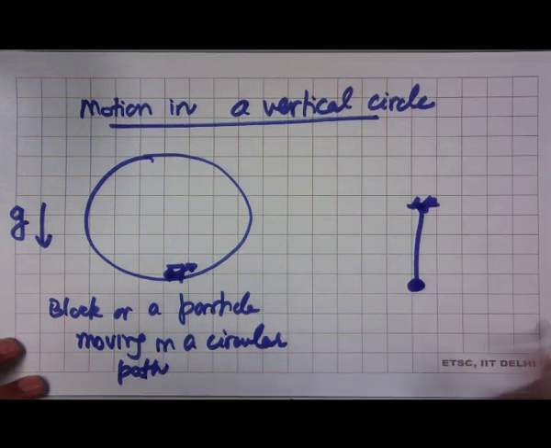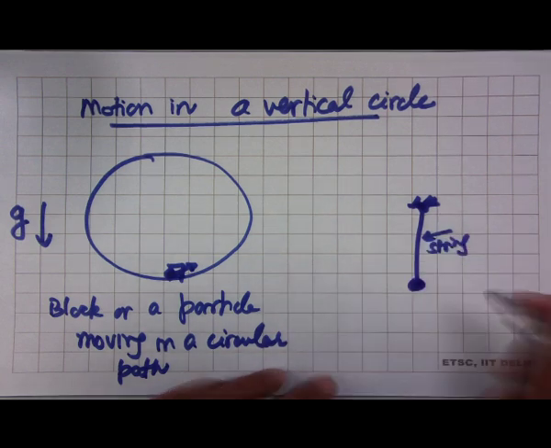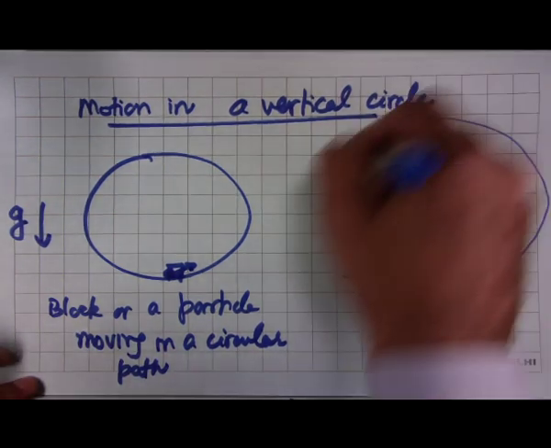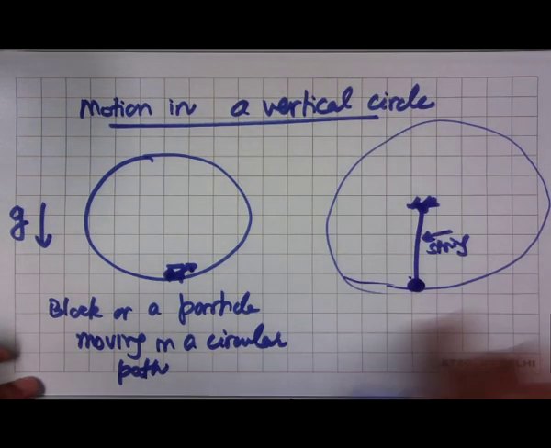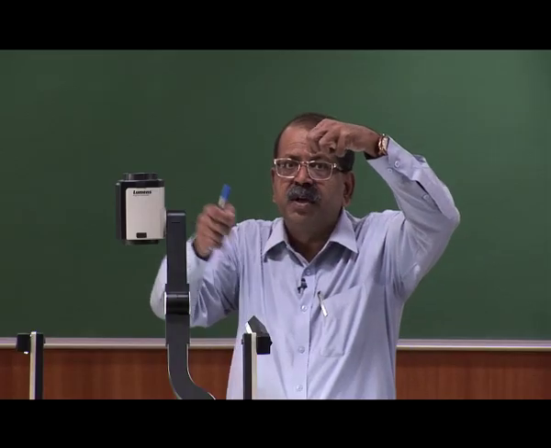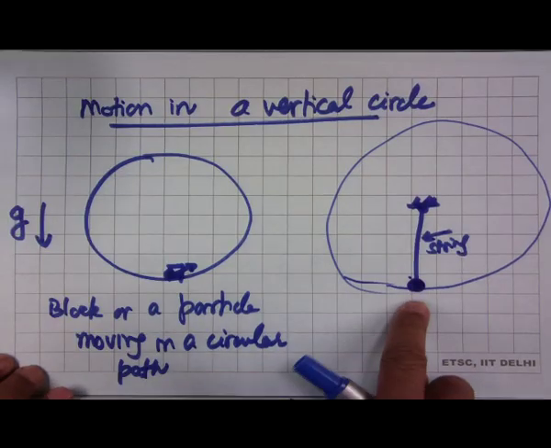The second case is a particle tied to a string which is almost weightless, and then the particle is performing a circular motion. So, this is like a pendulum. In a pendulum we give a small oscillation, so it keeps on oscillating, but here we do not restrict to a small oscillation.